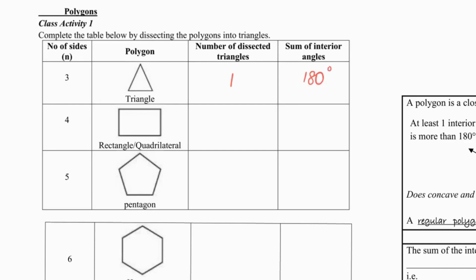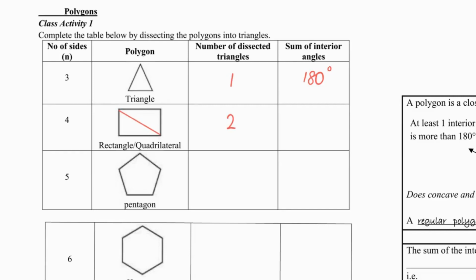Now I'm going to dissect this rectangle, or the quadrilateral, into triangles. How? I'm going to just dissect it now, like this. So how many triangles are there? 2. And what is the sum of the interior angles?